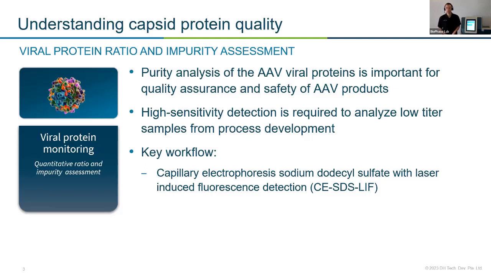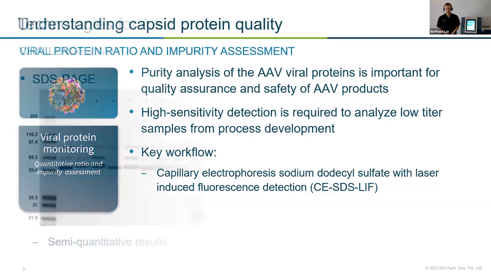The titer is just low, especially by comparison to more traditional protein therapeutics. And to reach that high sensitivity, we're going to leverage CE-SDS with laser-induced fluorescence detection. So we're going to get a look at the individual capsid purity and also see the increased sensitivity that only a fluorescent dye can give us.